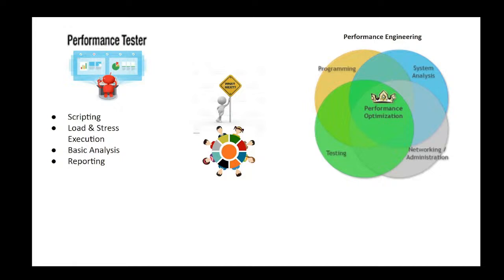Okay. So when I say programming, we're not going to go and develop applications. We're not going to go and modify the code when there's a performance issue, when we find out a problem. We're not going to go and fix the code and deploy it. None of these things are we going to do. But when I say programming, it's more about you getting comfortable with these terminologies.